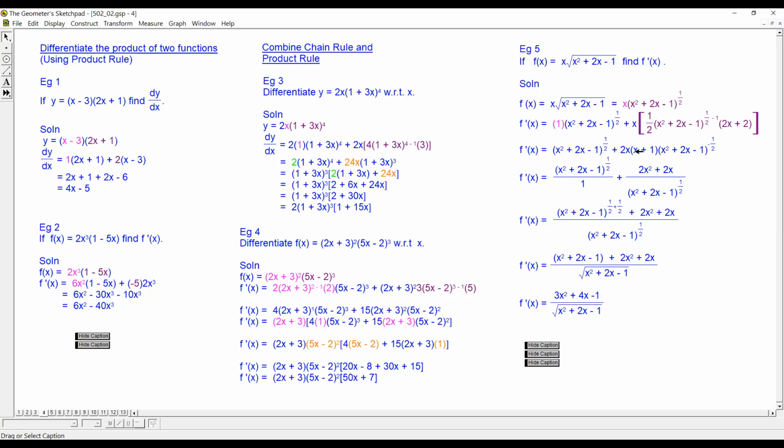Hey, why is the 2 still there? No more 2, this is wrong. Sometimes I make mistakes. The 2 and the half cancel away, sorry. So the 2 here and here cancel with the 2 here, and I'm left with x and x plus 1.